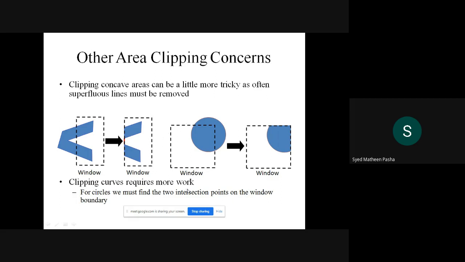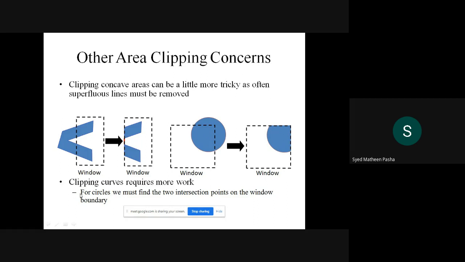Clipping curves requires more work. Suppose the polygon is in the form of a circle which needs to be clipped; this needs a huge amount of calculation because it consists of a radius part. If I am representing a circle which should be clipped, you need to perform some calculations with respect to clipping of that particular area.